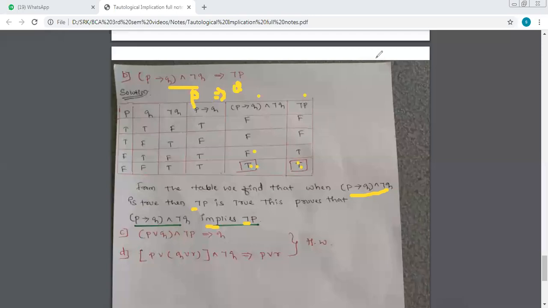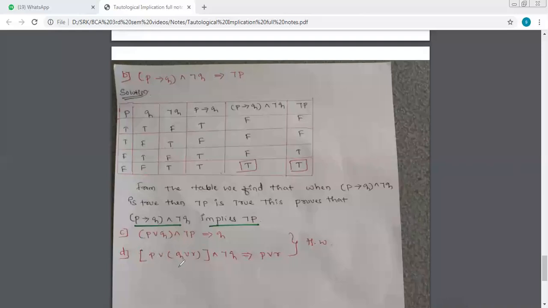Any doubt? No, sir. This is the simple example, and I have given two homework questions. C and D questions you can solve at home. In D, first PQR is there, so the number of possibilities will be 8.